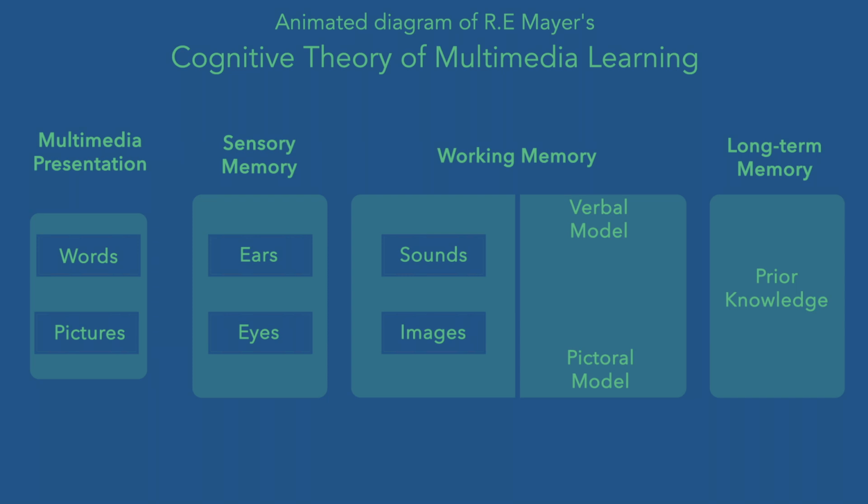Here, in working memory, you identify important information in what you've received. You then create visual or pictorial models of this selected information by reorganizing it in a way that makes sense for you. In making this model, you are also drawing from prior knowledge in your long-term memory.